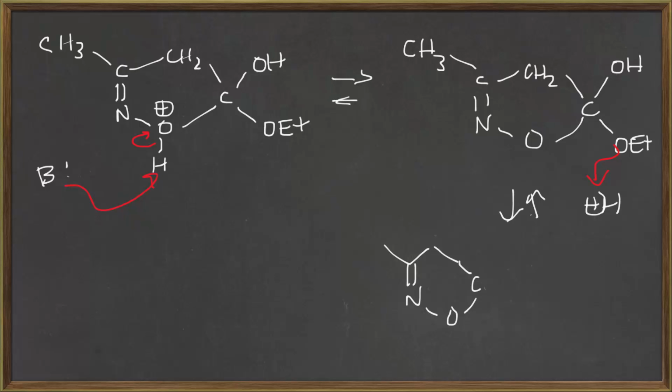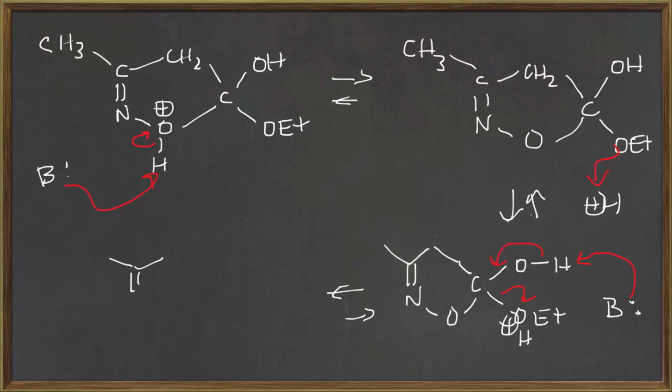Go back to my, well, half and half here. If I protonate my ethoxy group, then I'm really perfectly set up to deprotonate the hydroxyl and get to my product in, as we like to say, one swell foop.